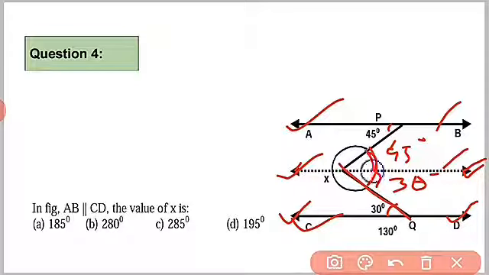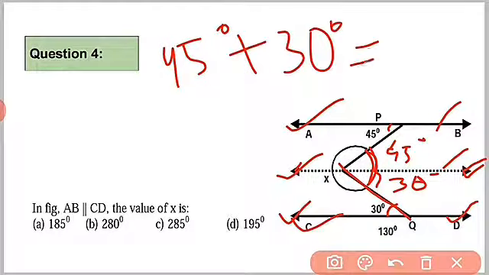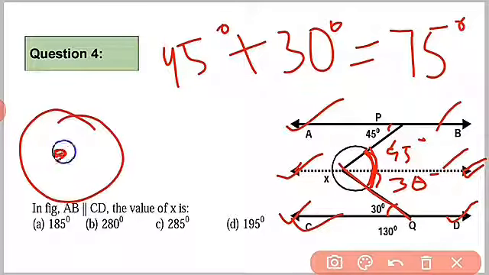So what is the sum of these two angles? It will be equal to 75 degrees. So in total this angle is 75 degrees, and we know the complete angle around a point is 360 degrees.